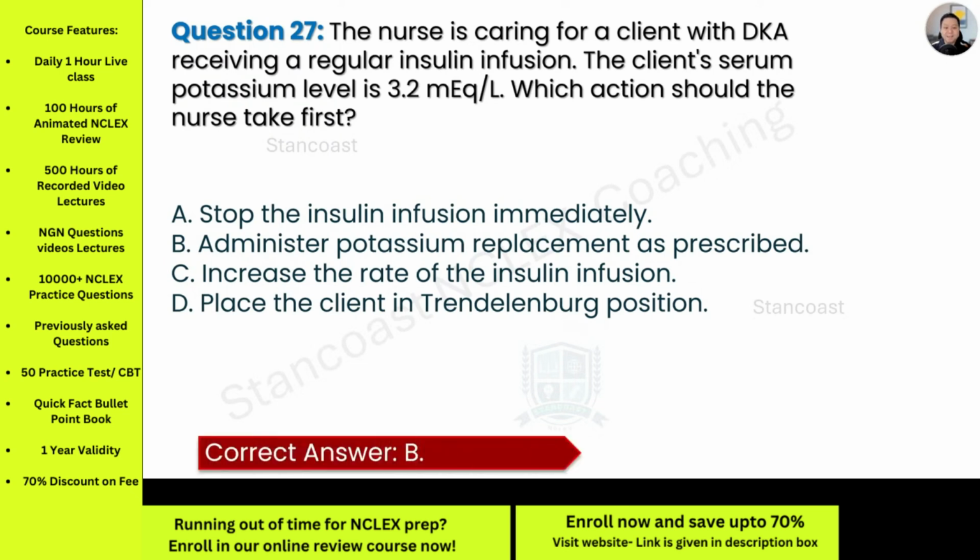The client in this case has a serum potassium of 3.2 milliequivalents per liter, which is low, and another complication of insulin therapy, especially for those patients with DKA. Now, take note that insulin promotes the shifting of the serum potassium from the blood into the cells, which can lead to dangerously low potassium levels.